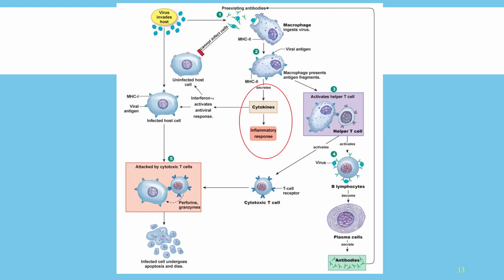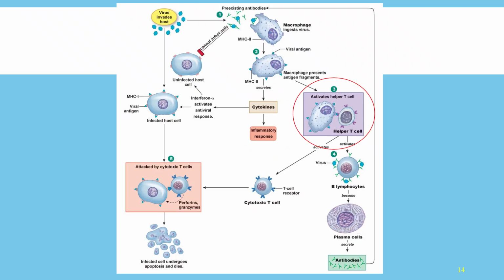Now, the T cell can bind to the MHC2 complex and activate the helper T cells, causing it to proliferate and secrete cytokines, which can either activate and recruit cytotoxic T cells, or it can lead to an inflammatory response. Two things can happen at once, okay?